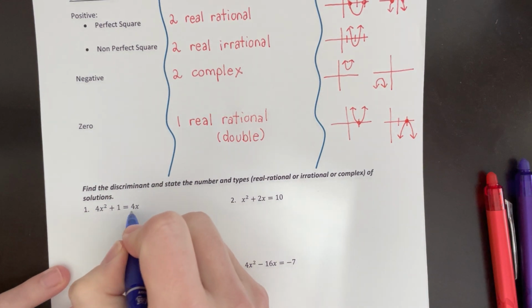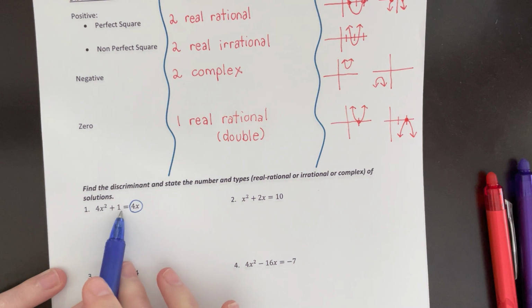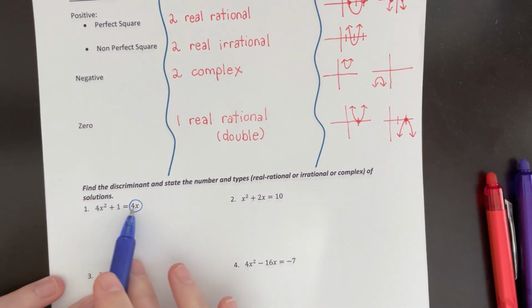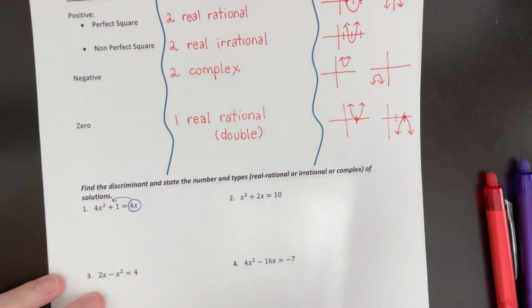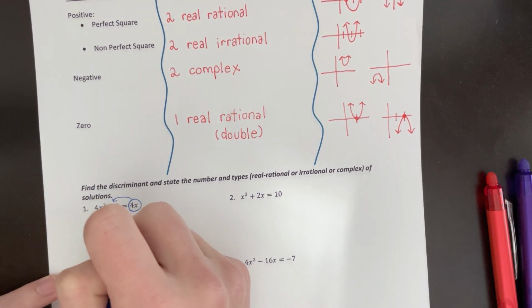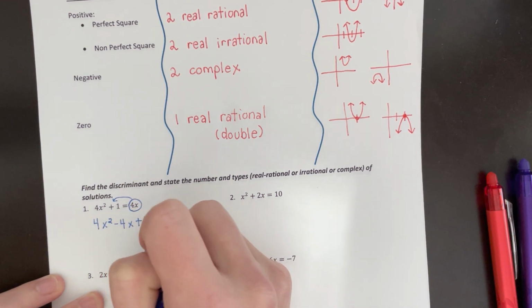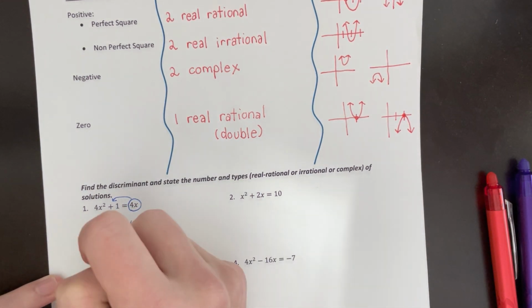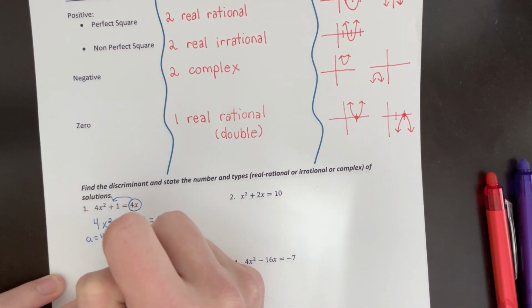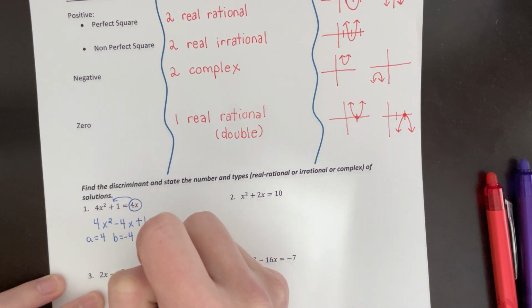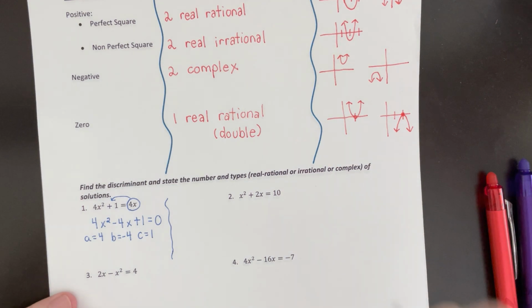Since we've got two terms on the left and one term on the right, the easiest thing to do is to move the one on the right over to the left, and specifically it needs to go in the middle. So we'd have 4x squared minus 4x plus 1 equals 0. Now we're in standard form, and we can say that A equals 4, B equals -4, and C equals 1. Right, so I'm going to give myself some space to work over here.